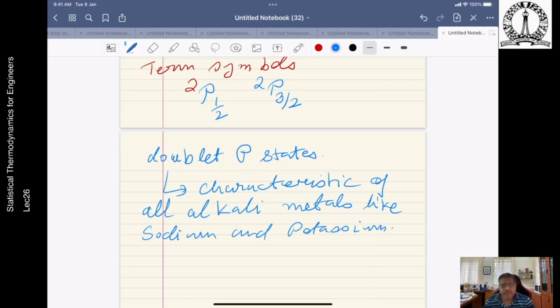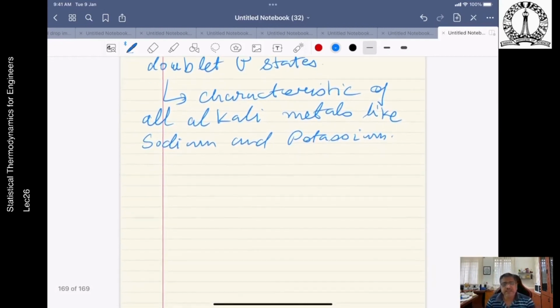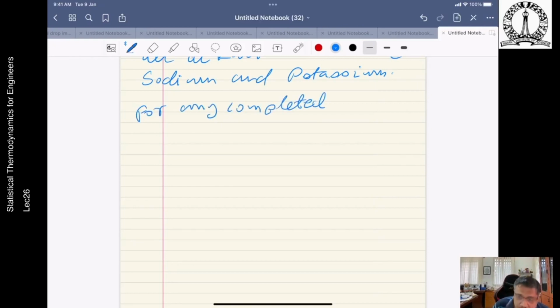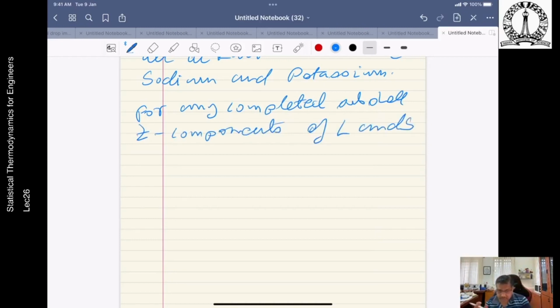For completeness, if you write the ground electronic state for all the 18 elements, that is there in the book, table 6.6 can be consulted. We know that for any completed subshell, the Z components of L and S, this is the sum total.